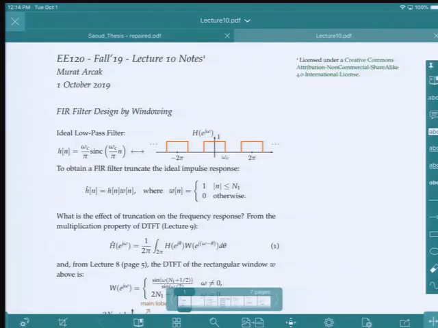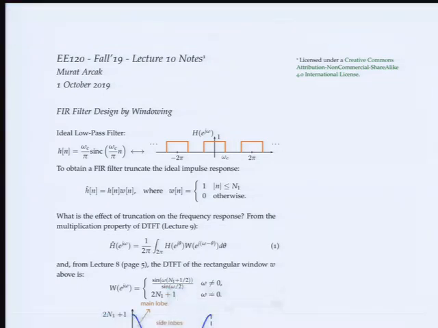Frequently asked question: can you post the notes before the class? I would have loved to, but I keep tweaking until the last minute. There is a set of notes from the last time and years ago when I taught this. It's on my webpage. It's all collected. But it might confuse you because I'm doing things in a slightly different way. I'm reshuffling things. I'm cutting off some things.